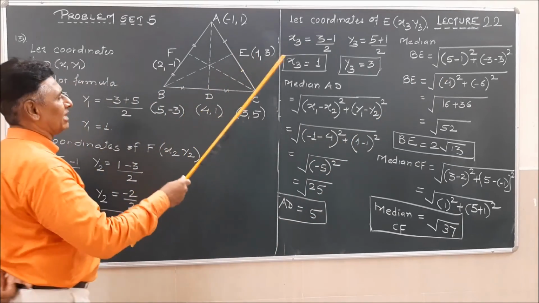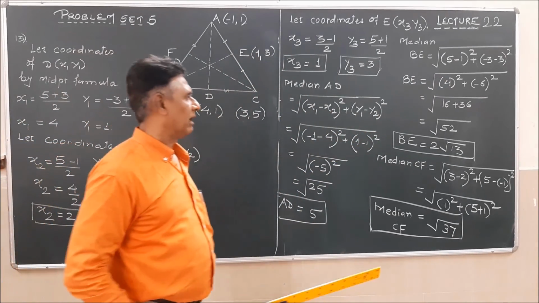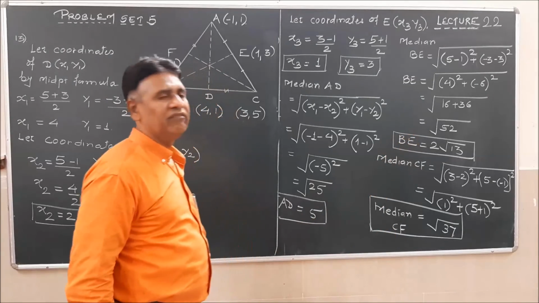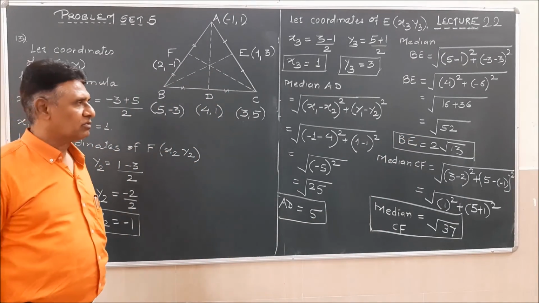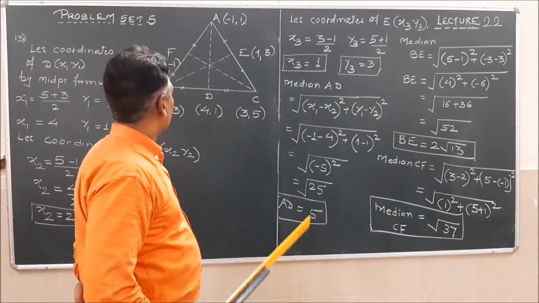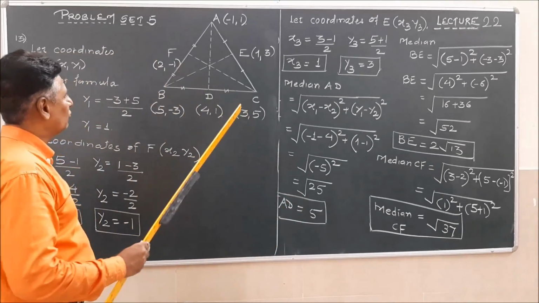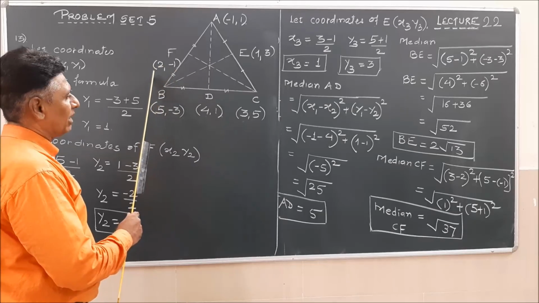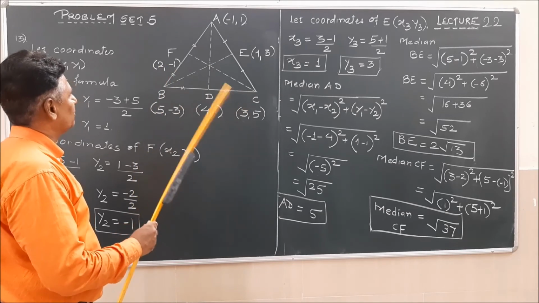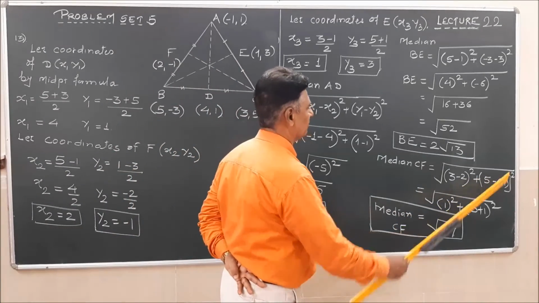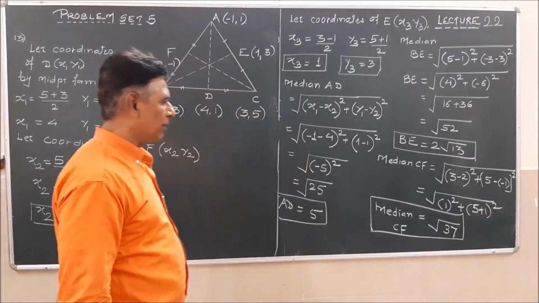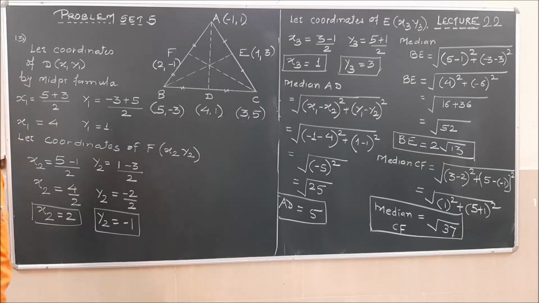Then minus 3, that will give you minus 6 square. 36 plus 16 is 52. And 52 is nothing but 13 fours. So that is 2 root 13. Then to get the length of CF, 3 minus 2 the whole square plus 5 plus 1 the whole square. 5 plus 1, minus of minus will give you plus. So 1 square plus 6 square, that will give you 37.